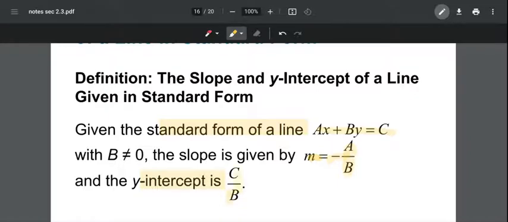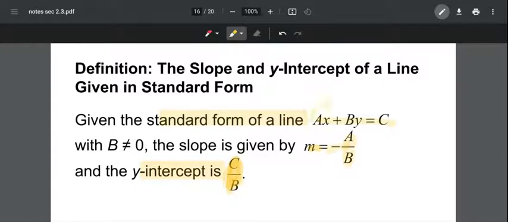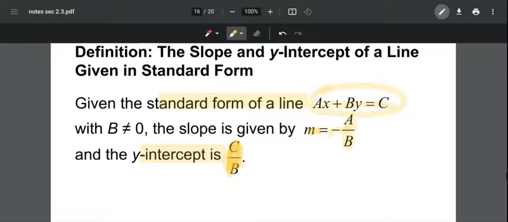I will be honest, I never use those formulas, because if I need the slope and the y-intercept from the standard form, I just solve the given equation for y. I don't like to memorize too many things, but you guys are more than welcome to use those formulas. To get the slope from the standard form, divide coefficient a by coefficient b, and make sure you have a negative sign in front of it. And to get the y-intercept, divide coefficient c by b.